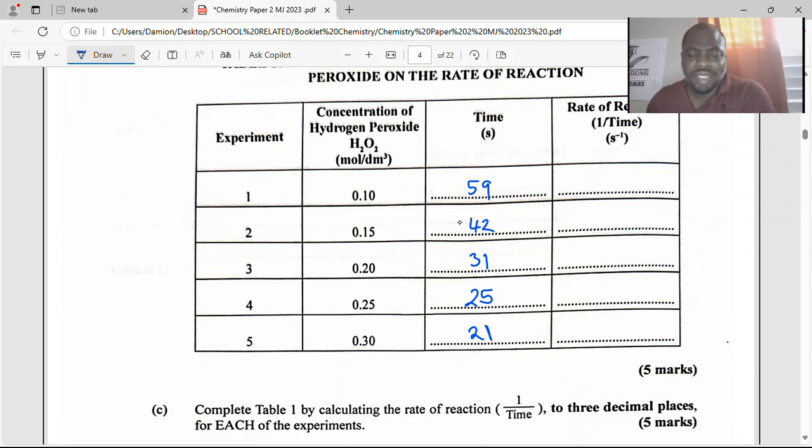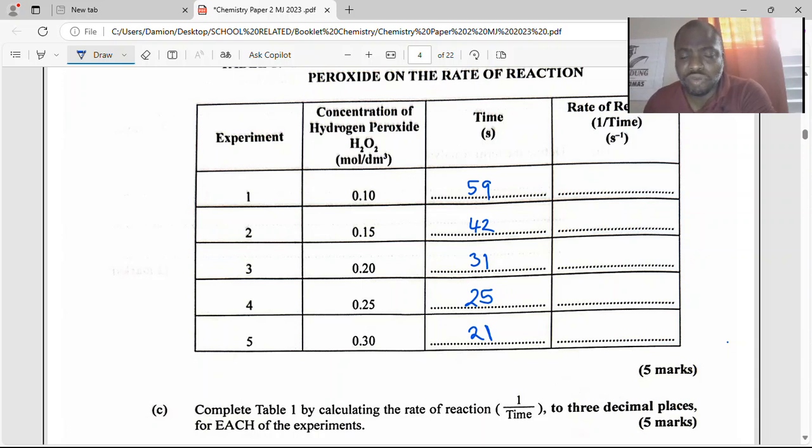All right. And so when we talk about this, let's look at the concentration of hydrogen peroxide, and we look at this in terms of moles per dm cube. Remember, once I tell my students, once you hear concentration, it's really telling you how much is in 1000 centimeter cube or 1 dm cube.